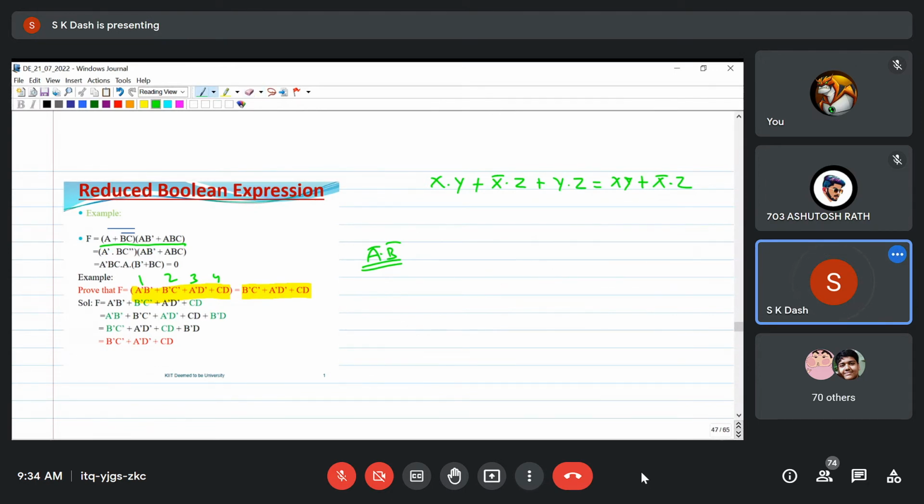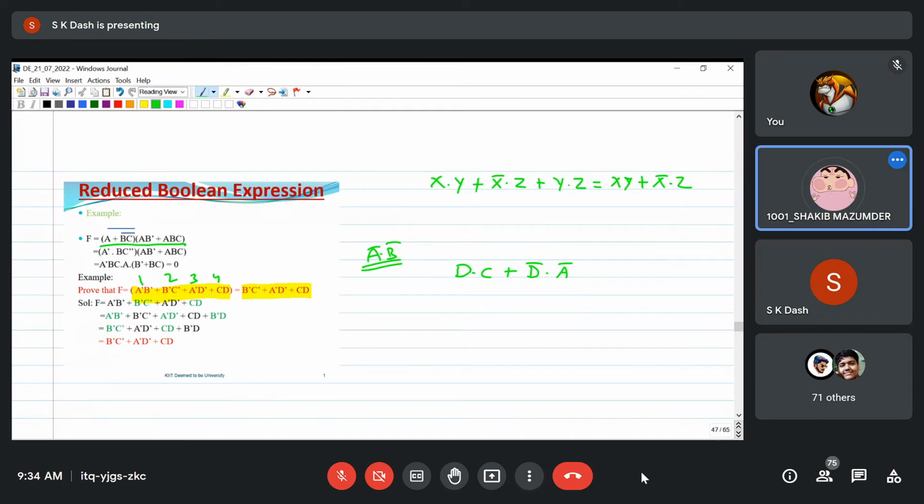Now check the third term and fourth term. If we write accordingly, this will be D dot C plus D bar dot A bar. If I apply the consensus theorem here, which term can I remove? What will be YZ here?